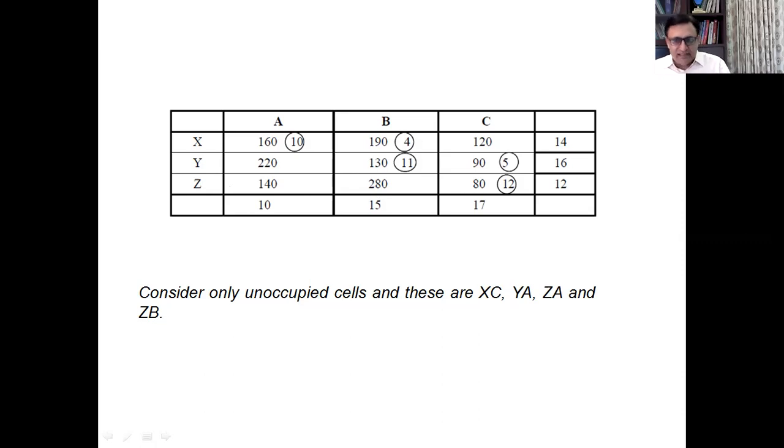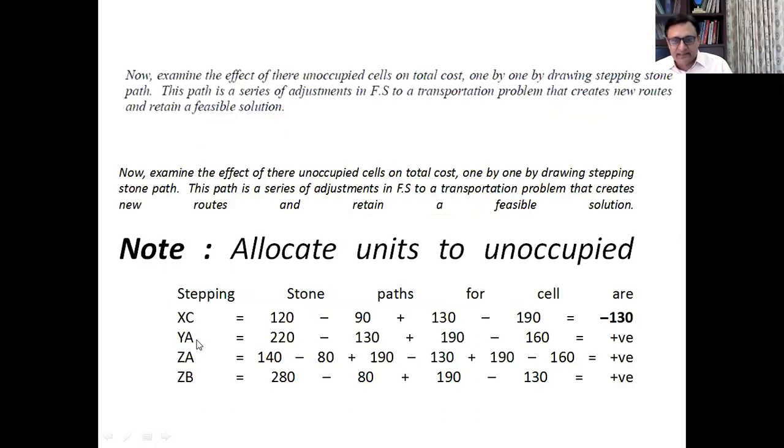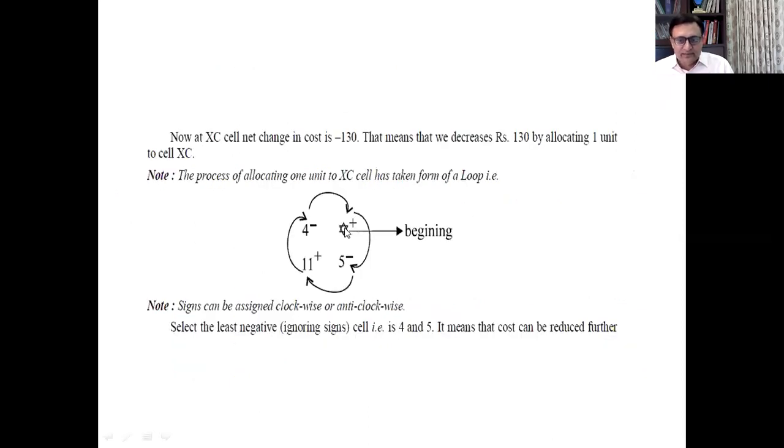We will be evaluating each one by creating a closed path. We have created all these paths for XC, YA, ZA and ZB, and you can find that there is only one which is negative, and that is 130. All others are positive. Then we have created this path which has a negative.